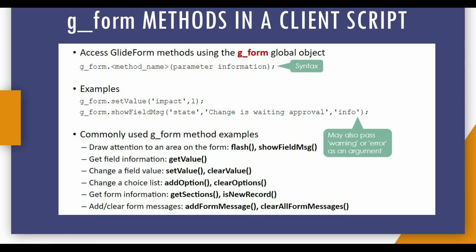And this is an example: g_form.setValue impact 1, g_form.showFieldMessage with the field name and what you have to display under that field. Most commonly used g_form method examples are showFieldMessage, getValue, setValue, clearValue, addOption, clearOption, getSection, isNewRecord, addFormMessage, and clearAllFormMessages. We can execute all of these methods in the client script.